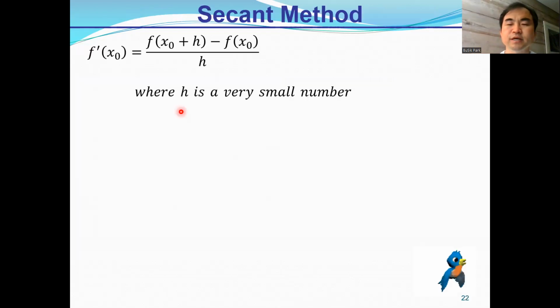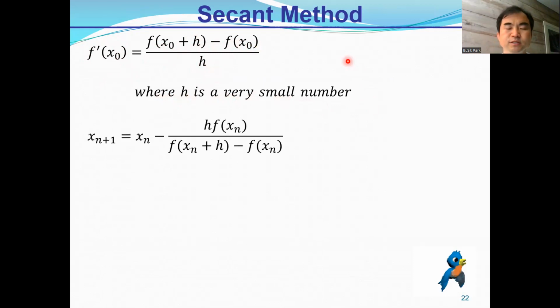So the secant method is, instead of using the first order derivative, we can use f(x0 plus h) minus f(x0) divided by h, and h is a very small number. In that case, instead of using f'(x0), we can assign f(xn plus h) minus f(xn), divided by h.